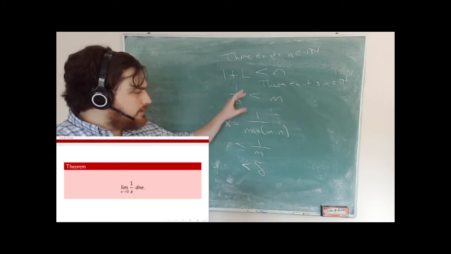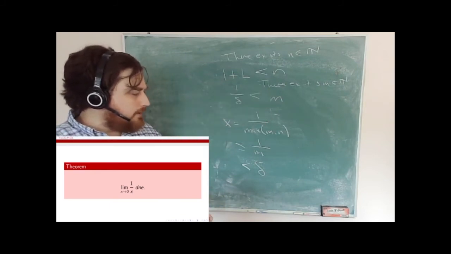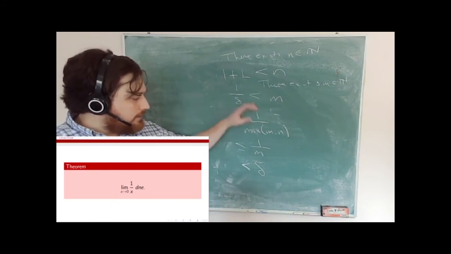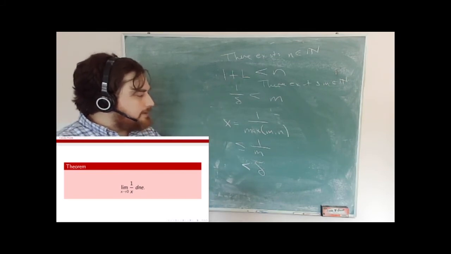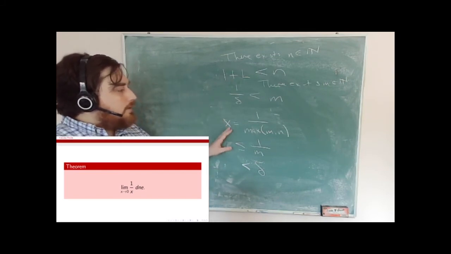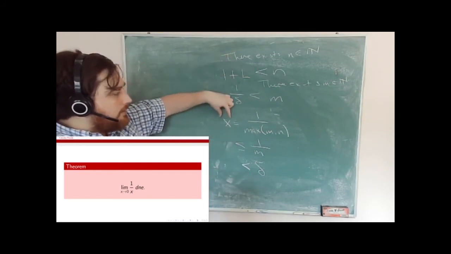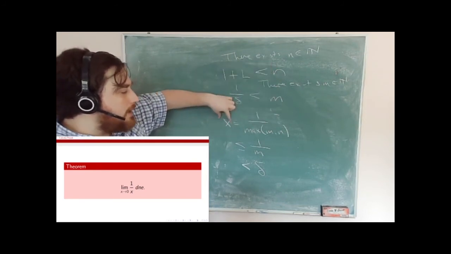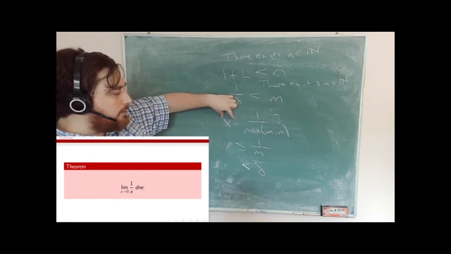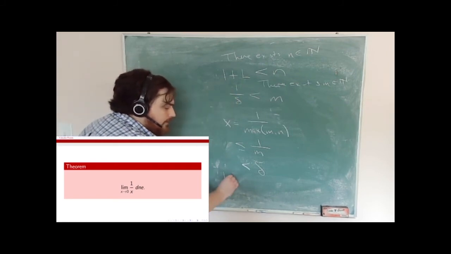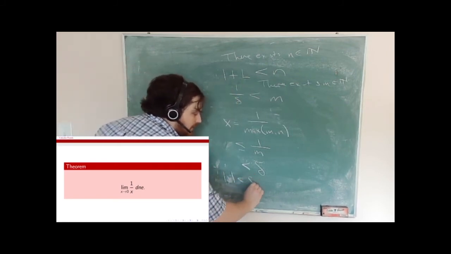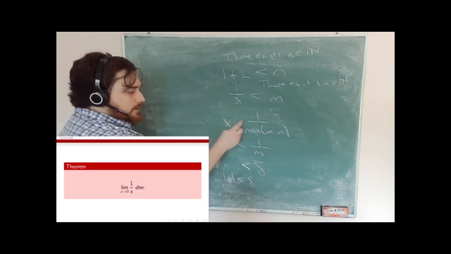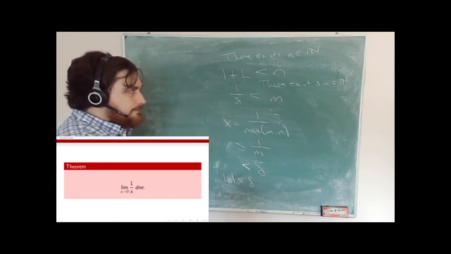So if I pick x to be 1 over the maximum of m and n, I get x is less than or equal to 1 over m, so therefore it's less than delta. Now, since I'm taking 1 over the maximum, these are both positive, so x is going to end up being a positive number, and therefore the absolute value of x is less than delta.